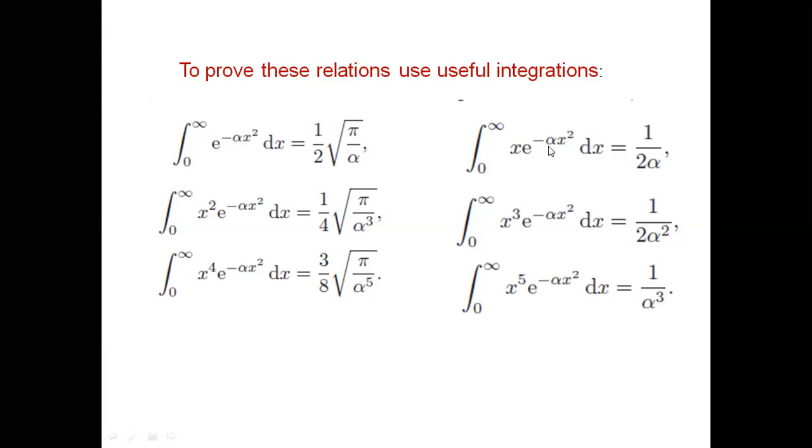Then e to the minus alpha v squared dv, it becomes this form, and we take the result 1 over 2 alpha. Don't forget that the constant is outside of the integral, and finally we have to multiply by the result of the integral.